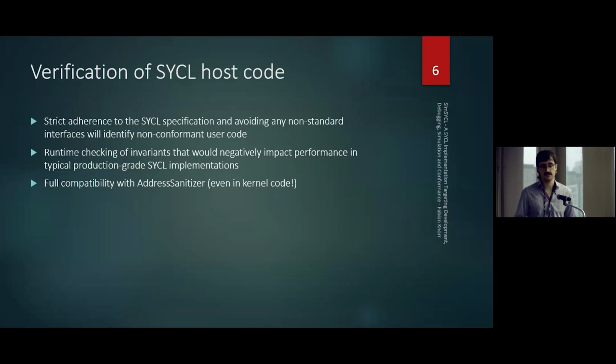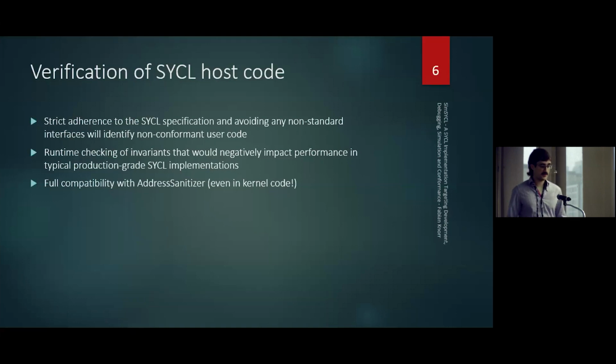These are things that are not in the standard. So if you're an application developer, you want to know that whatever you're writing is actually not conformant SYCL code, and you want to be able to identify the subset that's supposed to be compatible with every production grade SYCL implementation out there.